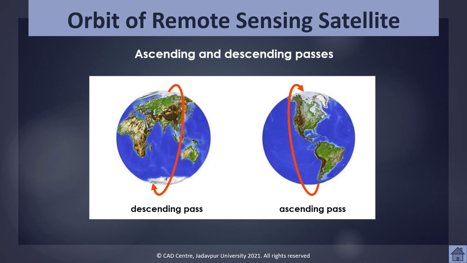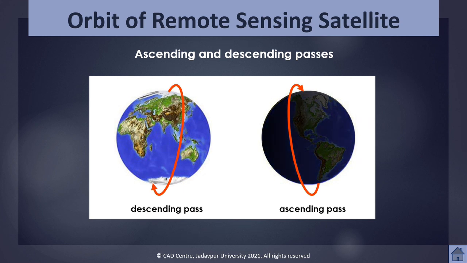Generally, descending pass is kept in the sunlit portion of the earth, and the ascending pass is kept in the shadowed portion of the earth. As a result, optical remote sensing images are captured in the descending passes, not in case of ascending passes. Capturing the images in the ascending passes is not possible, rather images are captured in the descending passes.